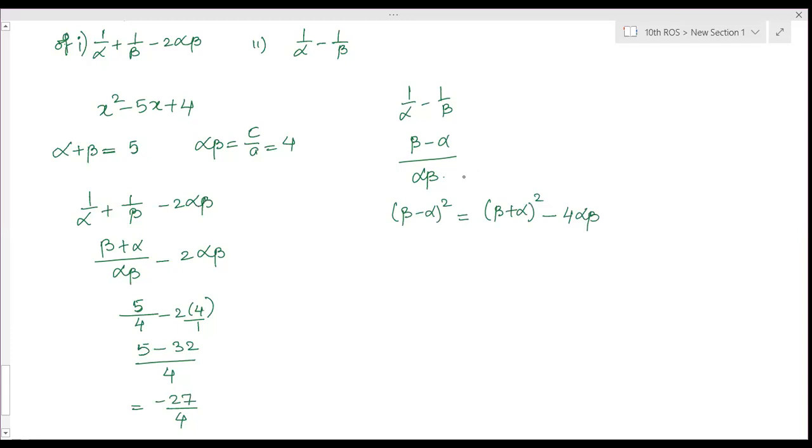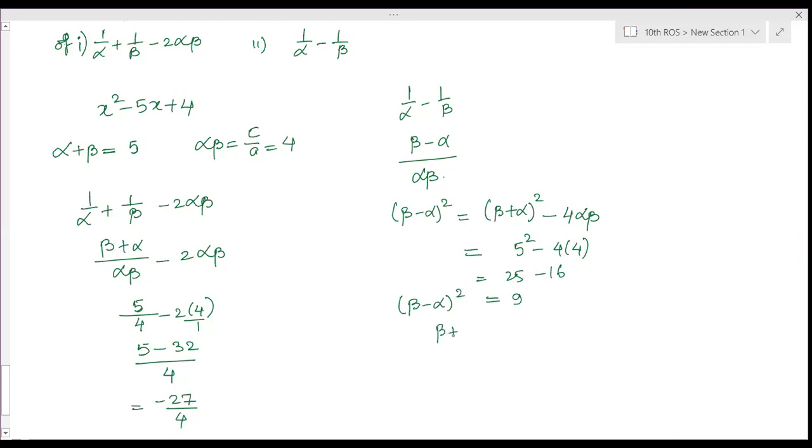This is the identity. So this is beta plus alpha, that is alpha plus beta, that is 5 square minus 4 into 4. So 5 square is 25 minus 16, which is 9. So beta minus alpha whole square is equal to 9.